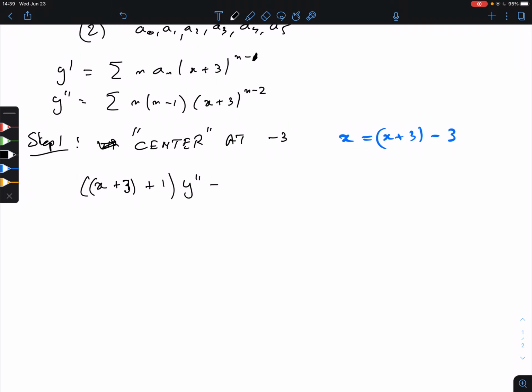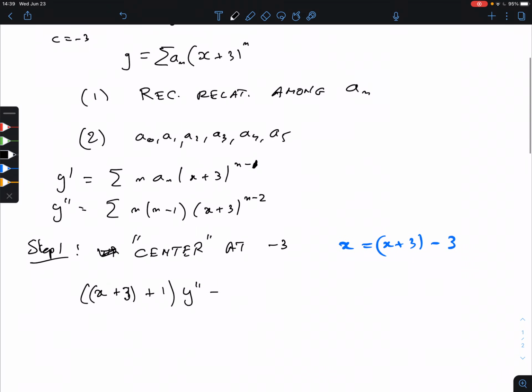Y double prime minus, now we have 4 plus 2x. Let me do this carefully, because you have to be very careful here, don't go too fast. 4 plus 2 times (x plus 3 minus 3) is 4 plus 2 times (x plus 3), and then we have 2 times minus 3, that's minus 6.